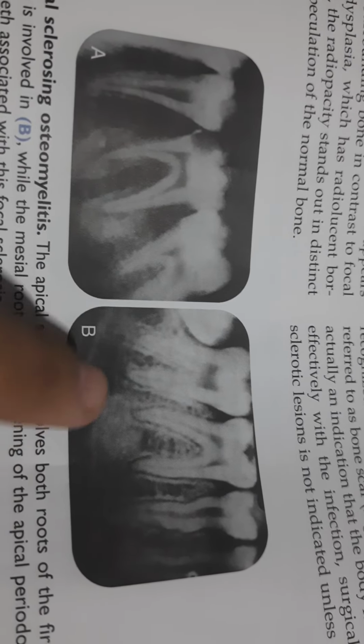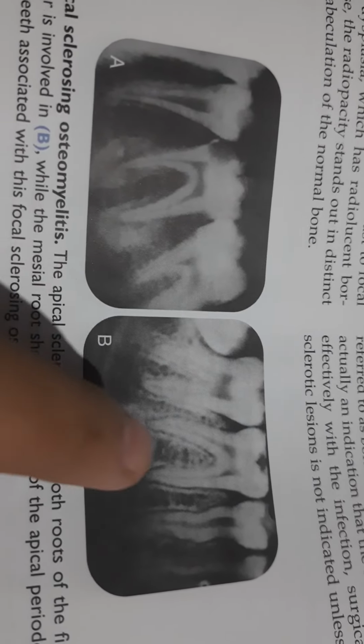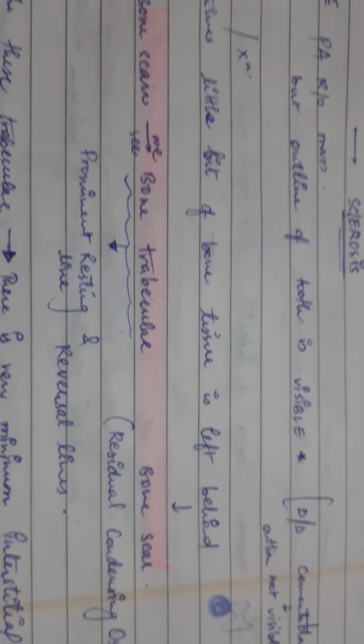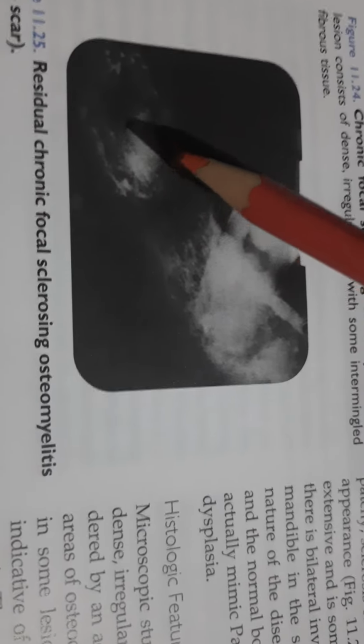It looks like cementoblastoma, but in cementoblastoma the apex of the root is not visible; here it is visible. Treatment is RCT or extraction of the tooth. Sometimes a little bit of bone tissue is left behind after extraction, and it will form a bone scar.